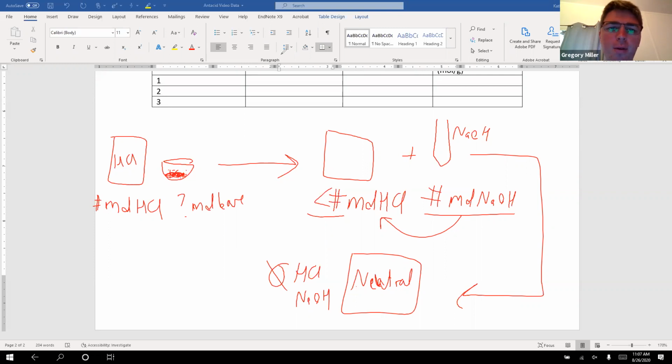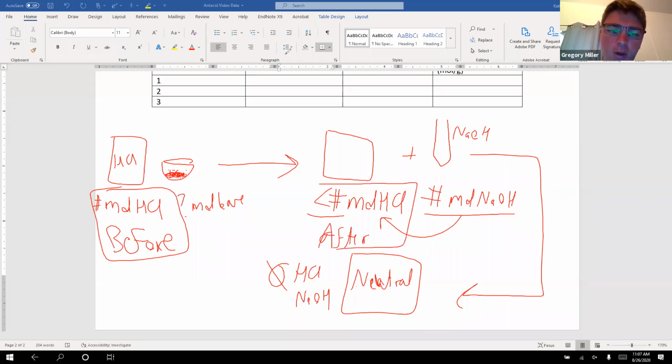If we know how much we had before adding the antacid and how much we have left over after adding the antacid, then we can figure out how much the antacid removed. And that's what we're looking for next.